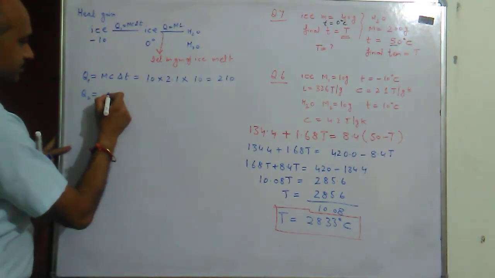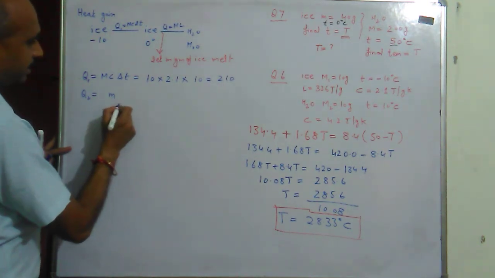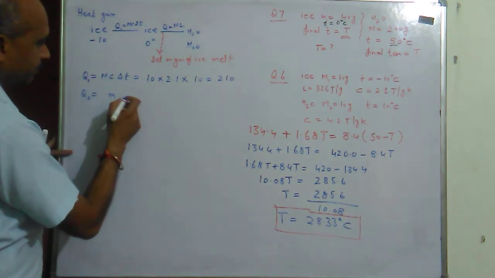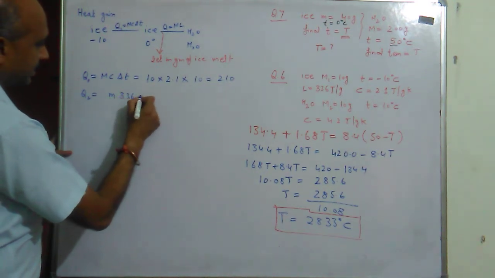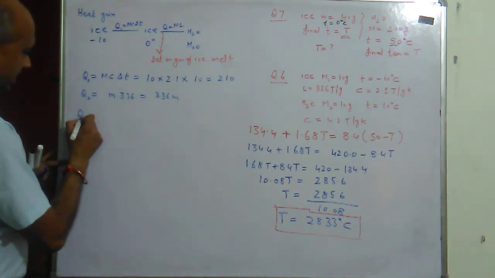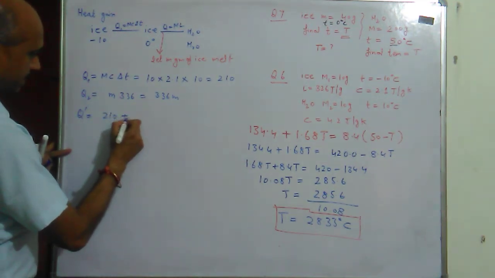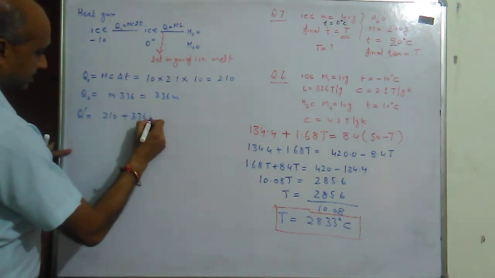Q2 will be ml, where m grams of ice melt, and the latent heat of fusion of ice is 336. So we get 336 m. So the total heat Q dash will be 210 plus 336 m.